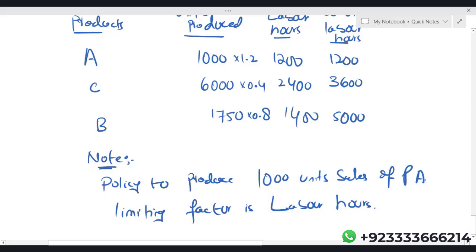Now let's see how much maximum contribution we can generate. We know that where the contribution will be maximum, then obviously profit will be maximum.